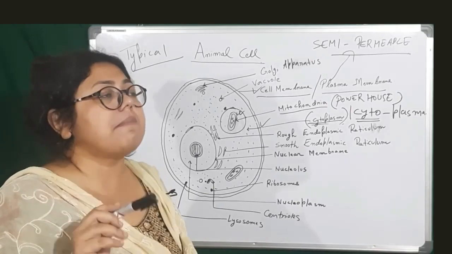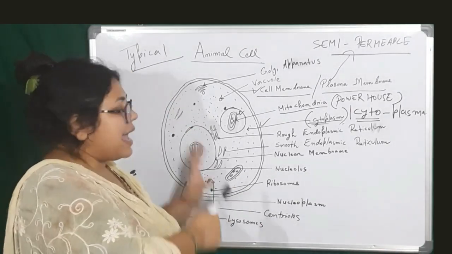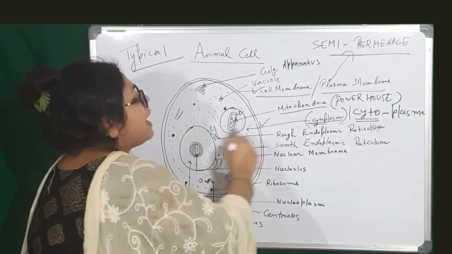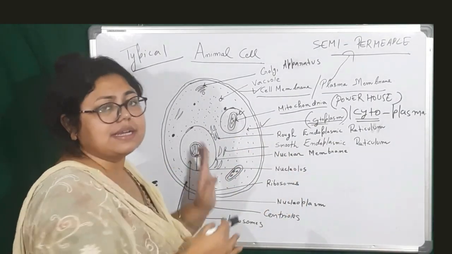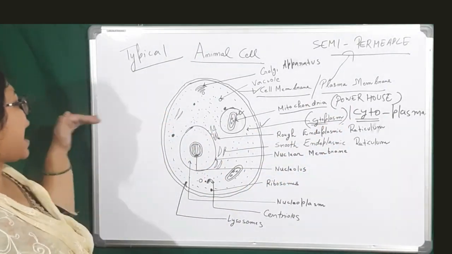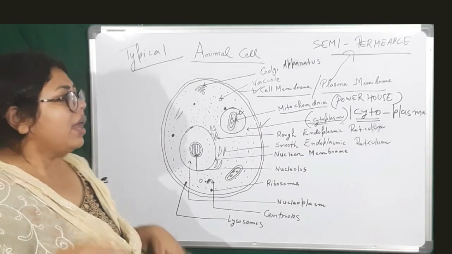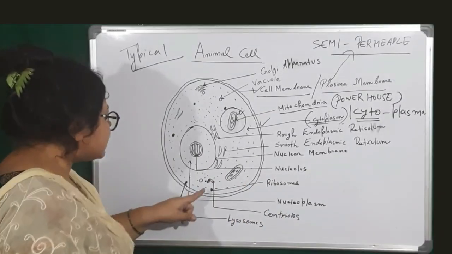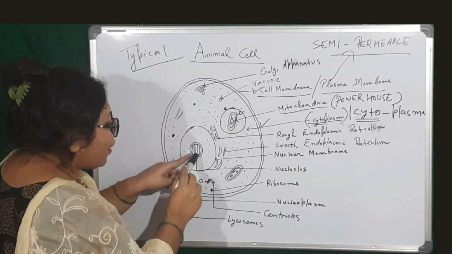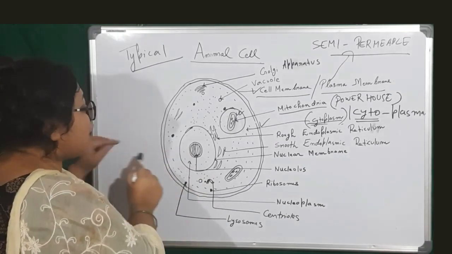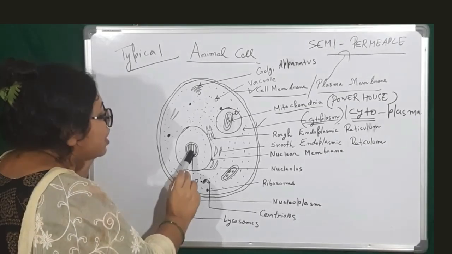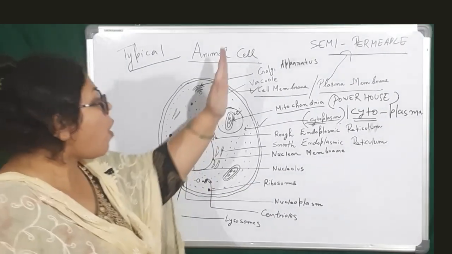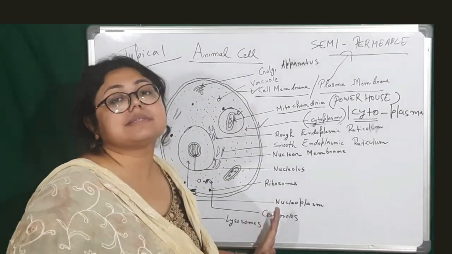And while you are marking the diagram, students, it is a request to you: don't ever draw in this way, marking some of the organelles on this side and then making arrows on that side. No, you have to draw on one side only. Just like when I wanted to point out this one, I marked it with an arrow, took a stretch, and gave the list of the organelles on one side.